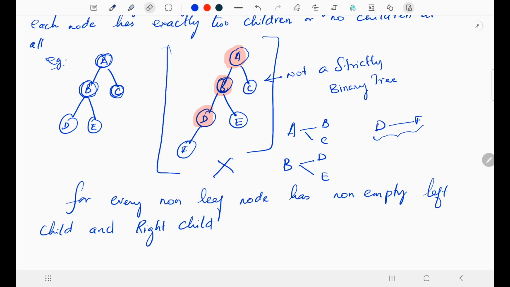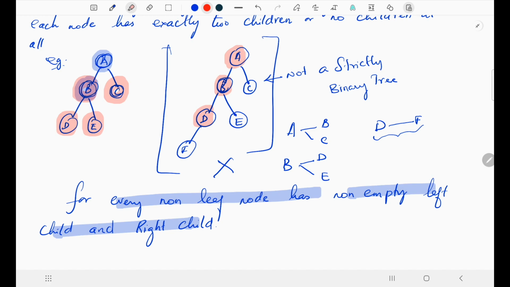So here which are the non-leaf nodes in this one? This is a non-leaf, this is a non-leaf. Every non-leaf node must have a non-empty left and right child. For A, it has a non-empty left and right child. For B and D, B has non-empty children on both sides.